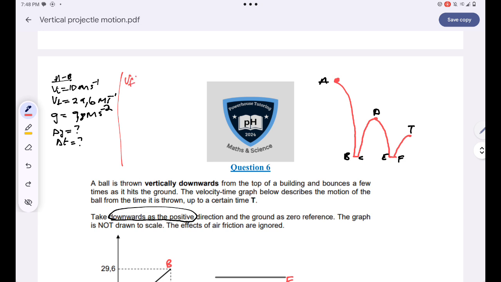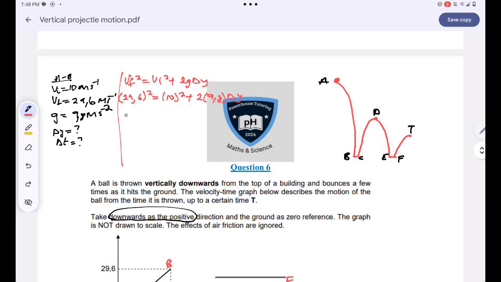I'll simply say Vf squared is equal to Vi squared plus 2g delta y. The final velocity, that's 29.6 squared, and this will be positive 10 squared plus 2 times 9.8 multiplied by delta y.